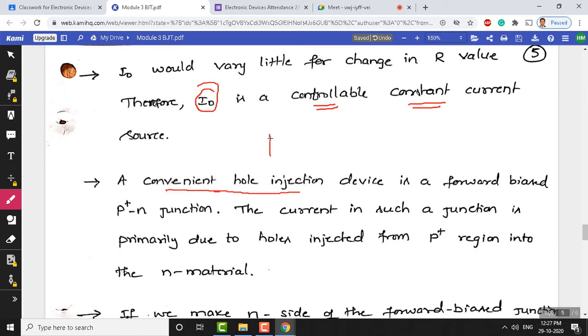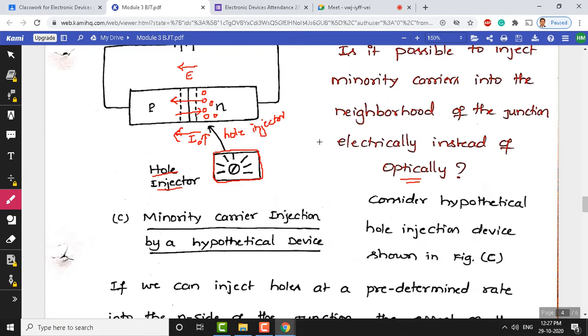Instead of the hole injector we can have a device like P plus N. To realize this hypothetical device practically, it can be replaced with another PN junction, a P plus N junction here.